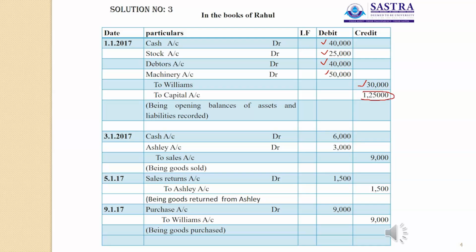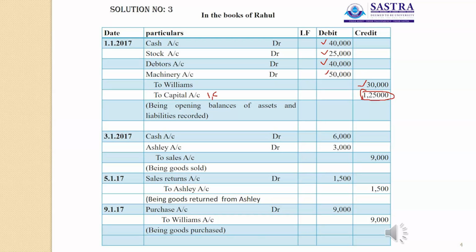You have to find out the amount of capital: capital is equal to assets minus liabilities. So you have to add all the assets.